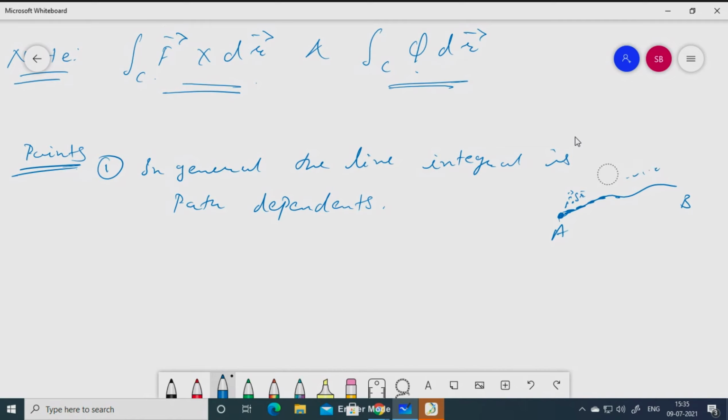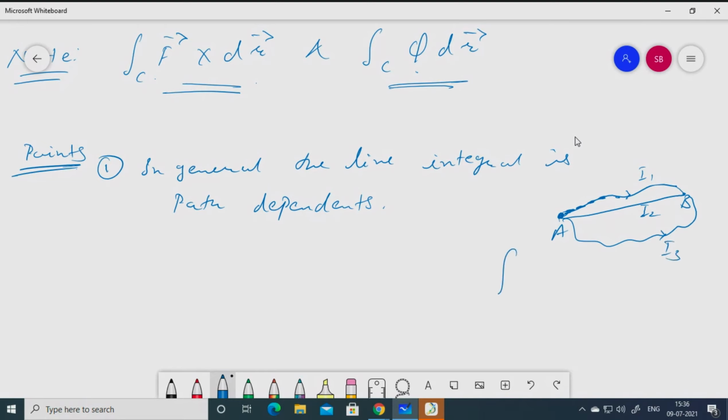Now as it is written, the line integral is path dependent. That means if you solve the line integral on this curve, you will get some integral value, I am naming it I1. It can be a straight line also, which joins these two points. So let this line integral value be I2. Now I can choose any path, and from this one I'll get some other answer.